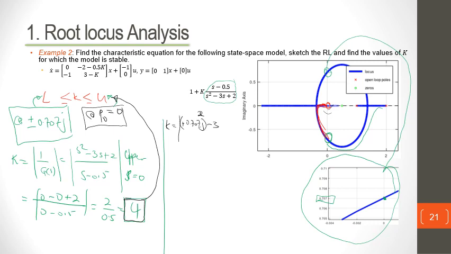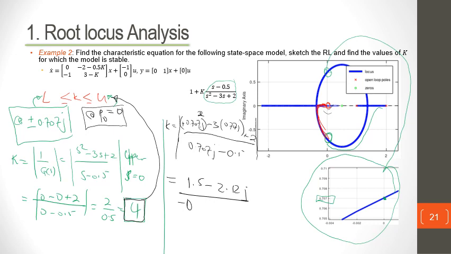So that is that squared minus, and then plus 2 divided by 0.707j minus 0.5. So this is the substitution, and then if you calculate this properly, it should give you 1.5 minus 2.12j on top, and then you will get minus 0.5 plus 0.707j.